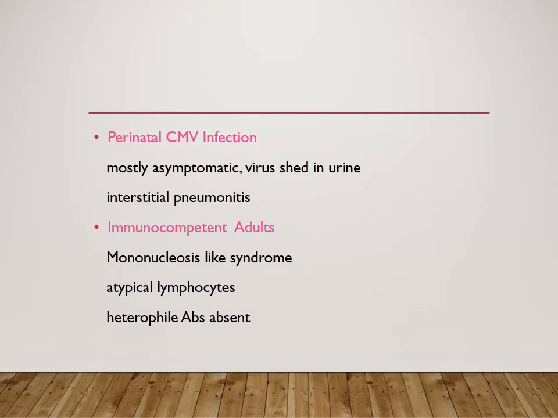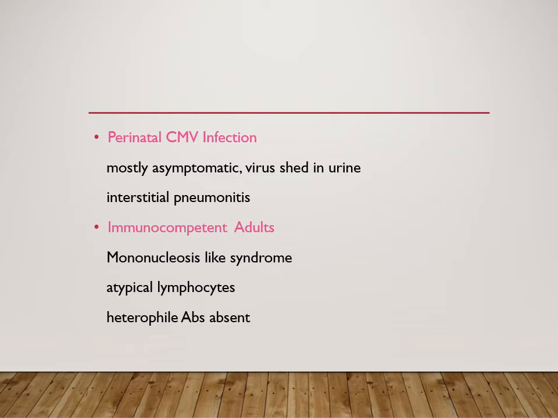Then perinatal cytomegalovirus is mostly asymptomatic and the virus is shed in the urine, and there could be interstitial pneumonitis. Now, in adults, if they are immunocompetent, it's not a congenital infection, but this is how cytomegalovirus affects adults.